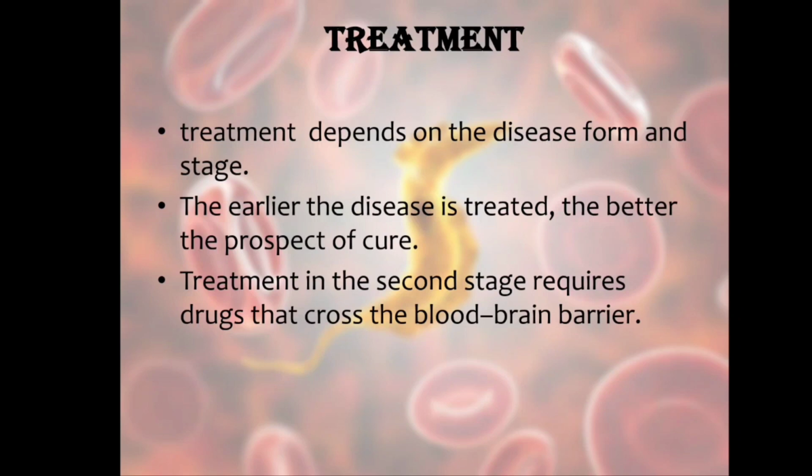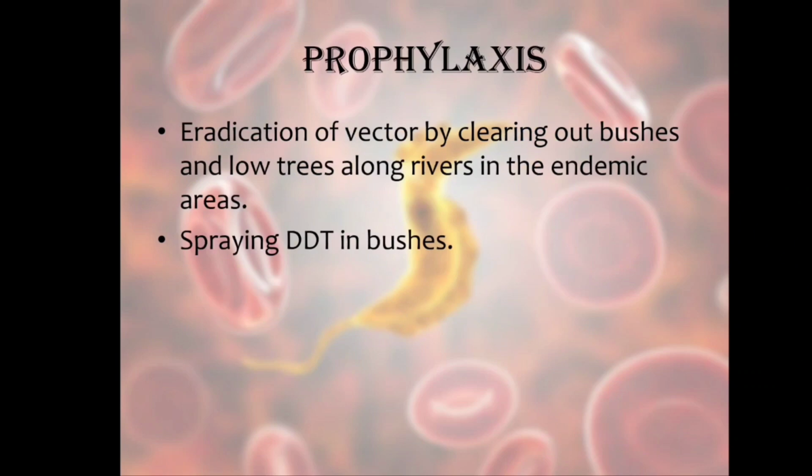Now the ways to treat it will depend upon the form of the disease and also the stage. As we said, the earlier it is detected, the more chances of it being treated. Treatment in the second stage would require drugs that are crossing the blood brain barrier because now the parasite has entered your central nervous system.